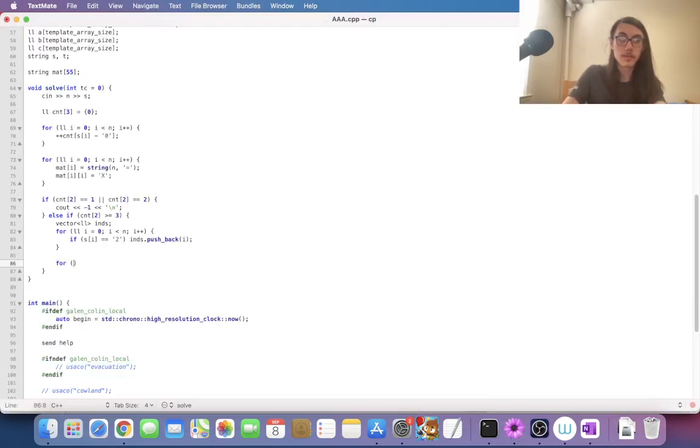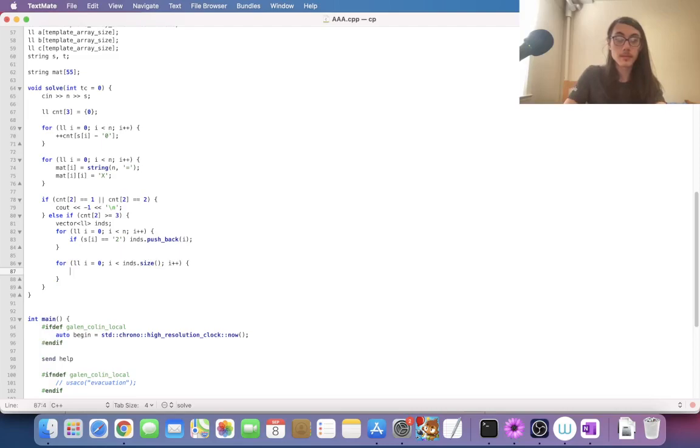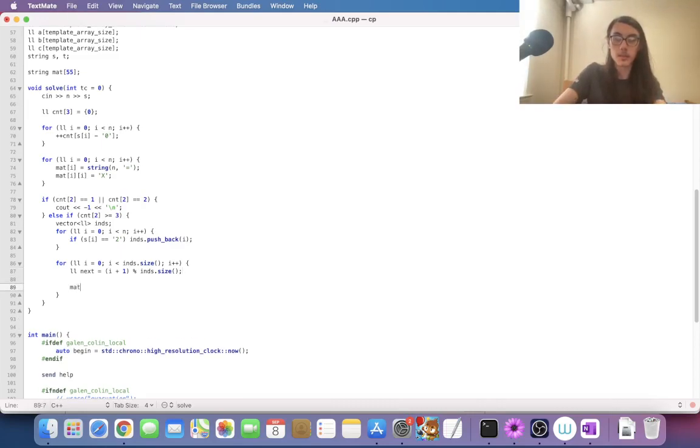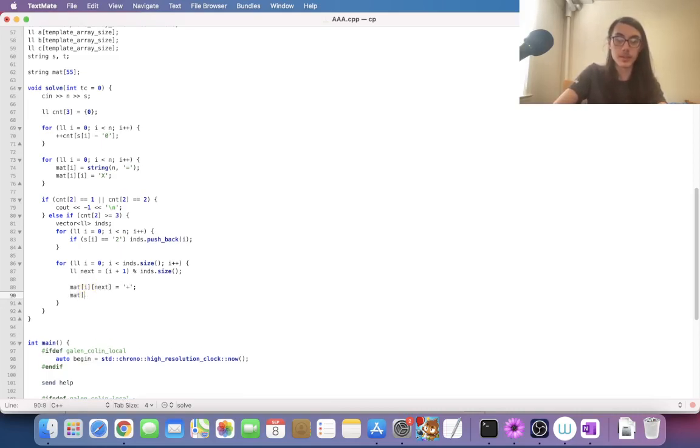For i equal to 0, i less than ins.size, i plus plus, we're going to make the next character (i plus 1) mod ins.size, so it lets us overflow. The last index should match with the first one. So then mat[i][next] is equal to a plus. This guy should be the next, and this guy should lose, and the next guy of course will lose to the i. I cannot type. Someone was asking me about how to remove typing inaccuracies, and you see how often I'm missing these keys. It's actually absurd. I think it should work.